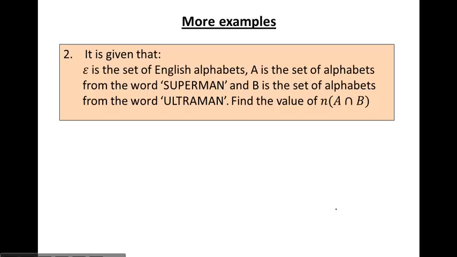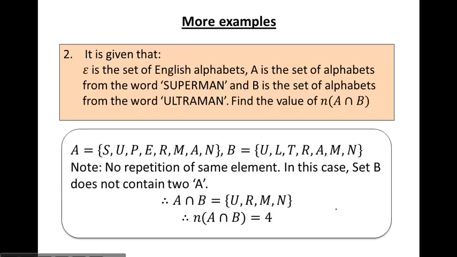Welcome back. Let's check the answer now. For set A, list out all the letters that can be found in the word Superman. For set B, list out all the letters that you can find in the word Ultraman. Remember not to repeat the same elements if you find them appearing twice.